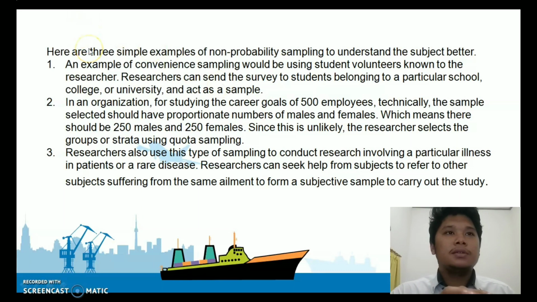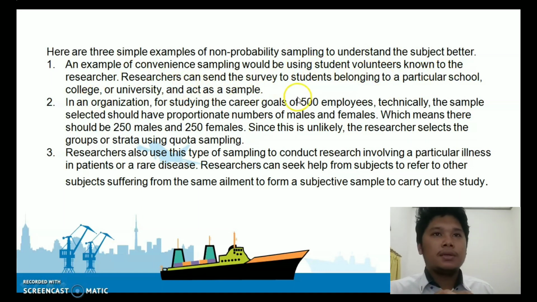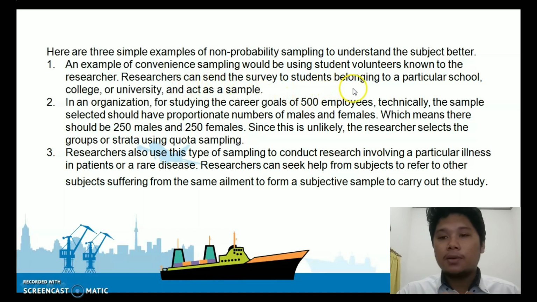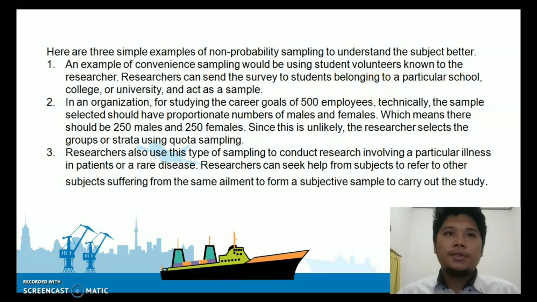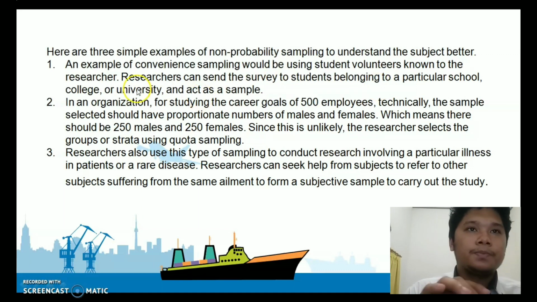First example, an example of convenience sampling would be using volunteers known to the researcher. Researchers can send the survey to students belonging to a particular school, college, or university and act as a sample.